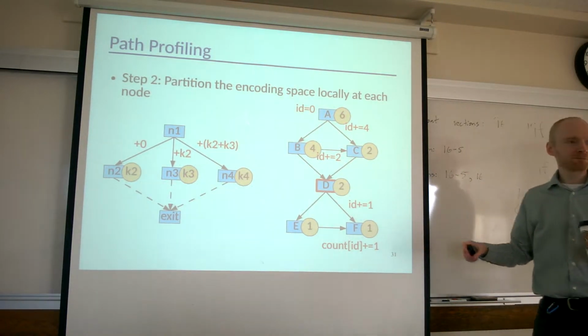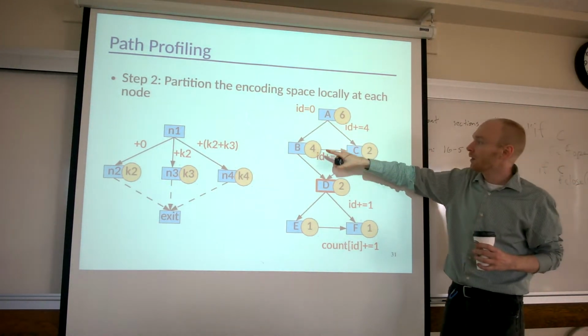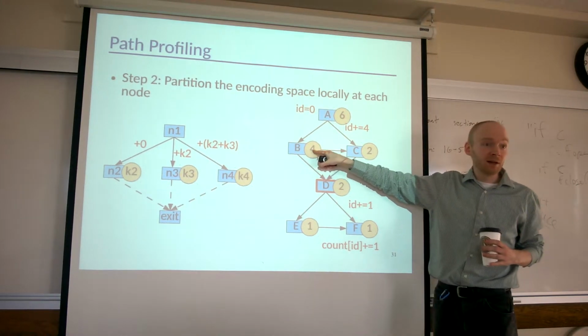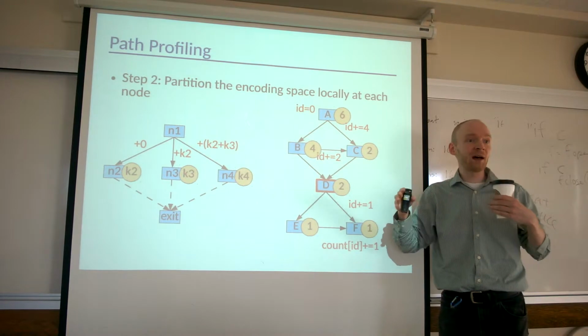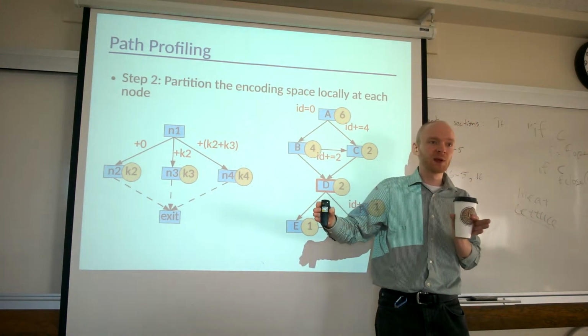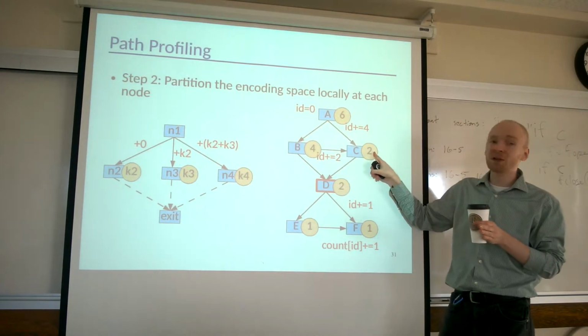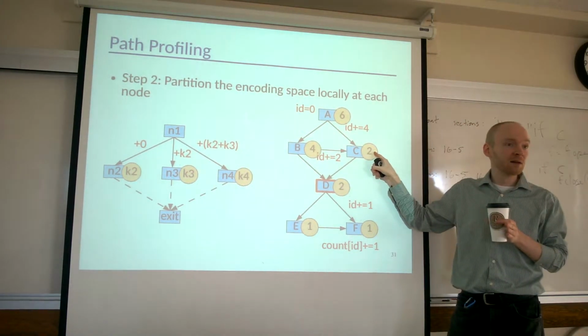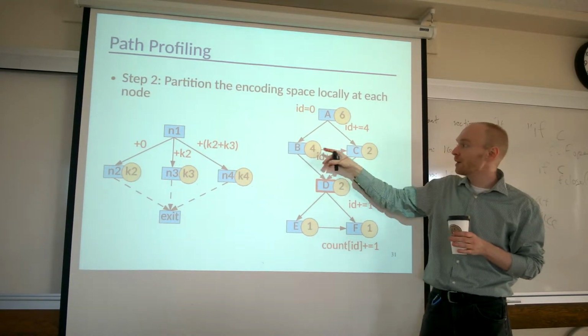Okay. From that, when you divide it into 4 and 2, starting from 8. Okay, sure. So there are 4 paths from B, right? So that means that we can encode those 4 paths with the first part of the encoding space, 0, 1, 2, 3, right? And that means these must be 4 and 5. Right, exactly. So then the question is, how do we subdivide those?